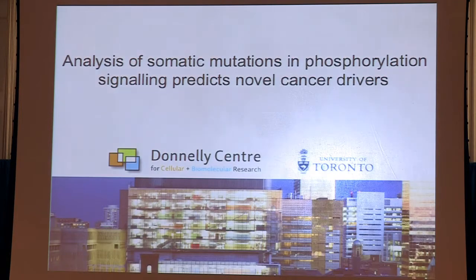Okay, so I'll now transition to the second topic. I'll see how much time I have to go over this, but this is another way of thinking about using mechanistic information, biochemical mechanism, to gain more insight into genomics data sets.